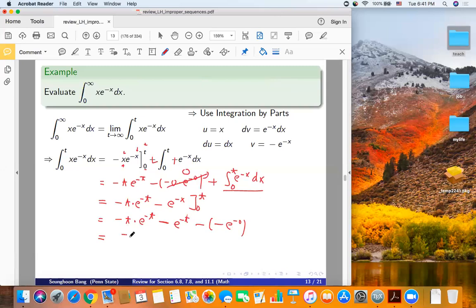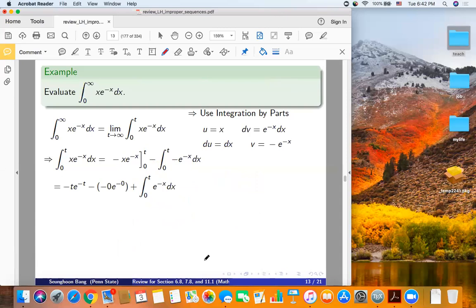You can change it to a fraction: t over e to the t minus 1 over e to the t. e to the 0 is just 1. The negative 1 times negative 1 is positive 1. So we have the result of this integral like this.